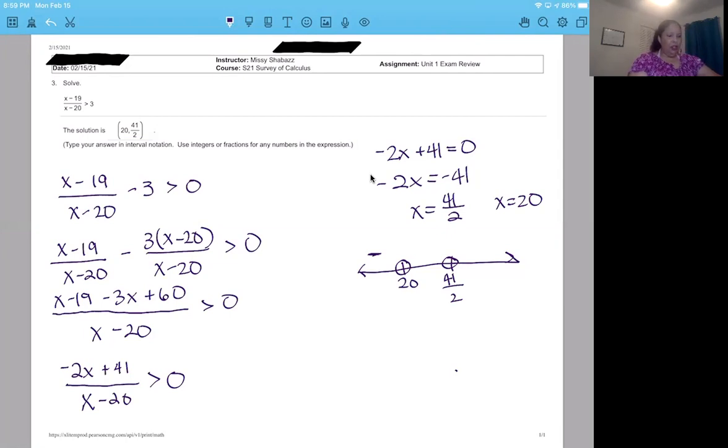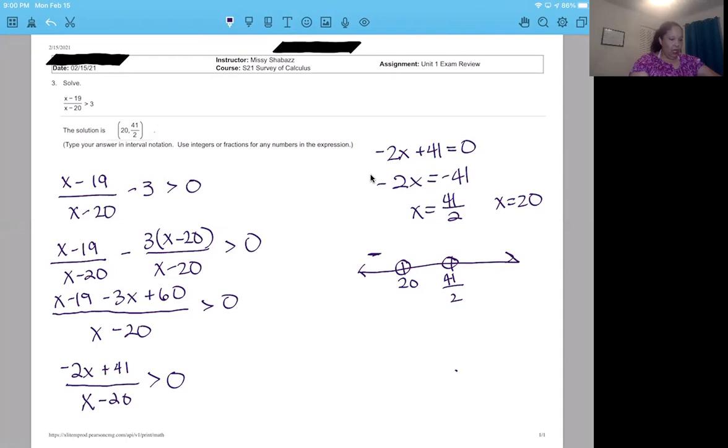All right, now between 20 and 41/2, that would be like 20.1. All right, so if I plugged in 20.1, I would get something positive in the denominator.